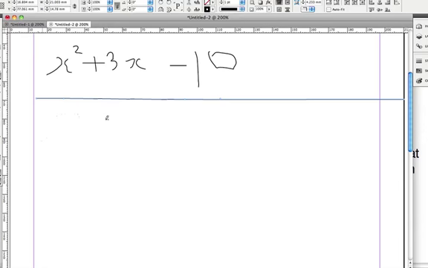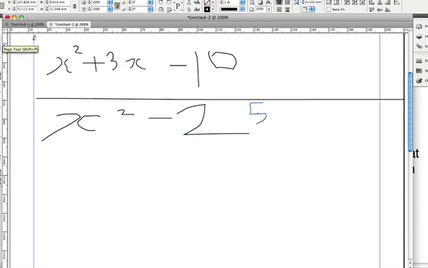Over x squared minus 25. Okay. So you've got x squared plus 3x minus 10 over x squared minus 25. And once again, the same question is applied here. Simplify this algebraic expression as fully as possible.